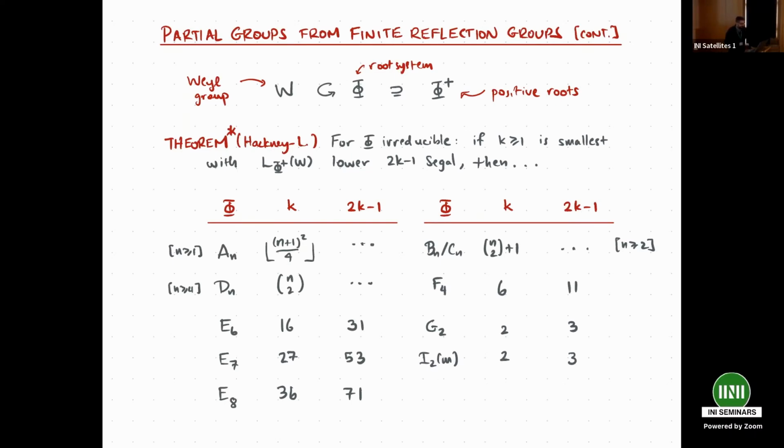So this is maybe a pre-theorem, theorem star. Assuming, say, phi is irreducible, it doesn't matter because I think the Segality is additive, appropriately interpreted.